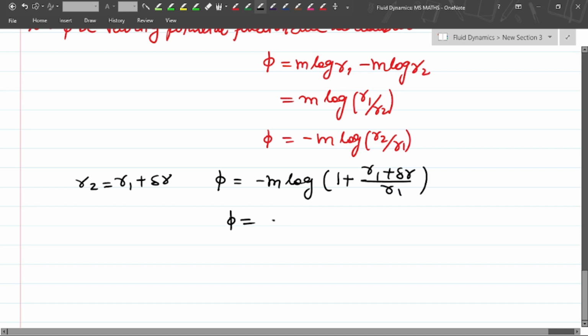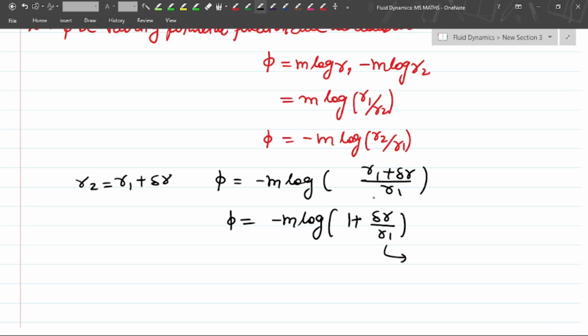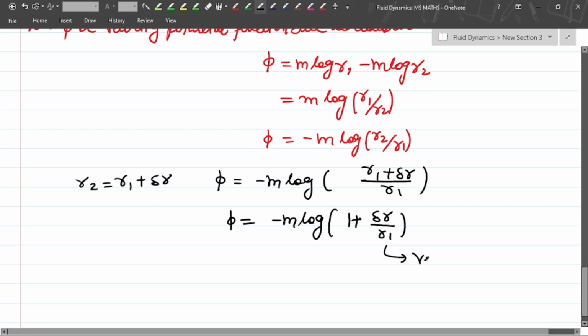So phi is equal to minus m log of 1 plus delta r upon r1. If we divide delta r by r1, it will be very small, a very small distance here. I can write phi is equal to minus m delta r upon r.